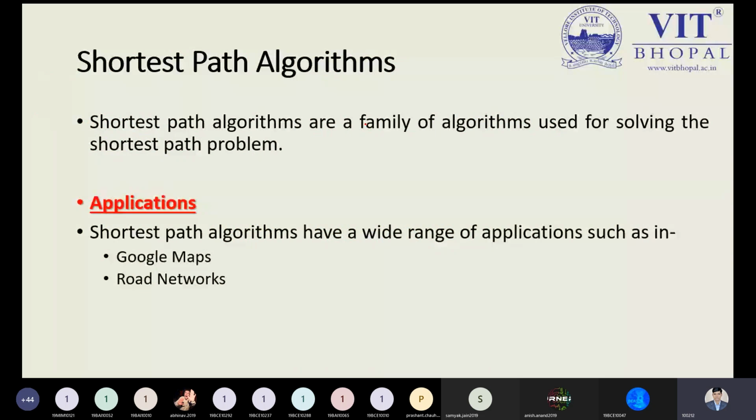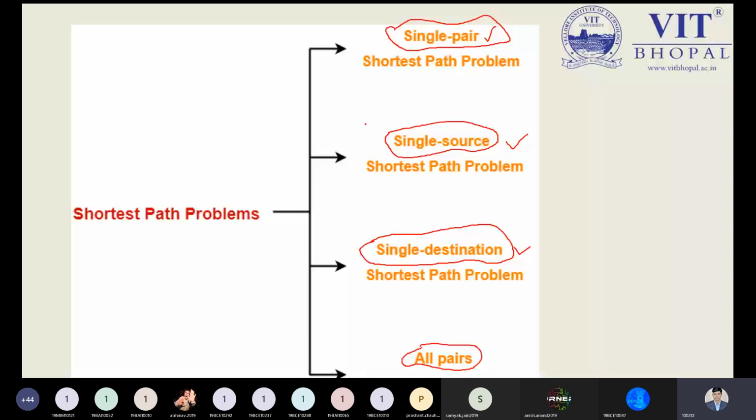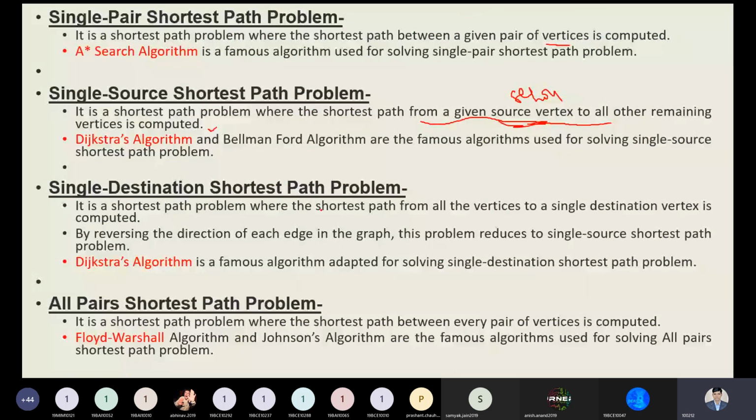Now next we have the single destination shortest path. In this kind of problem, the shortest path from all the vertices to a single destination vertex is to be computed. Okay, so this is the point we need to keep in mind. But by reversing the direction of each edge in the graph, this problem reduces to the single source shortest path problem.